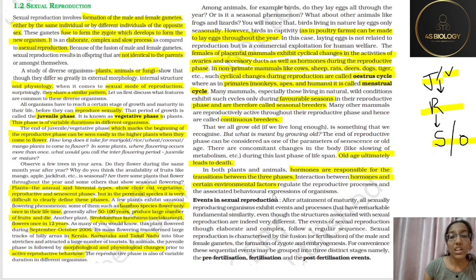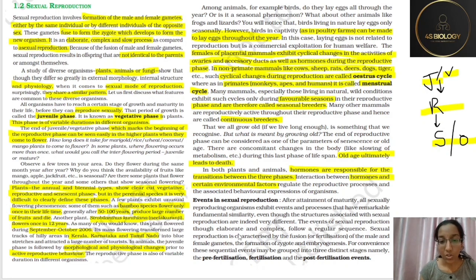So next, moving on to the events in sexual reproduction. After attainment of maturity, all sexually reproducing organisms exhibit events and processes that have remarkable fundamental similarity, even though the structures associated with sexual reproduction are very different. In all animals there is almost the same similarity, even though the structures associated with the reproductive function are different.